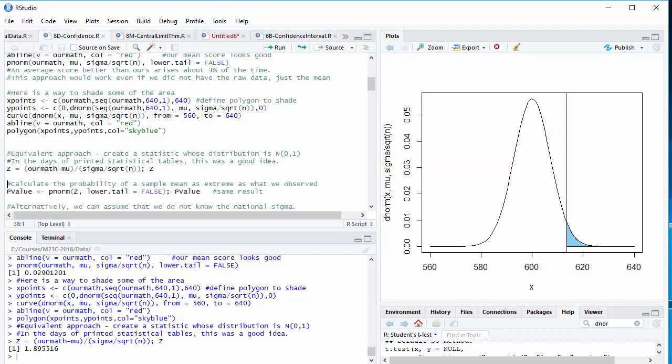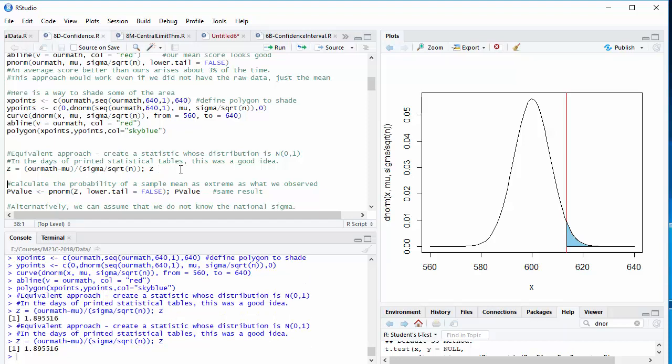So what we do is we take our school's mean, the sample mean, minus the statewide mean, and we standardize it by dividing by sigma, the College Board's reported standard deviation, over the square root of our sample size. It's traditional to call this statistic z.